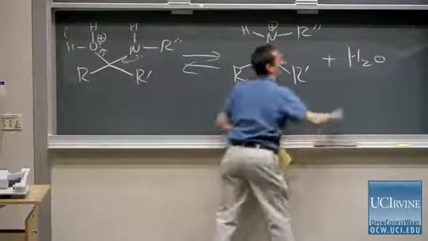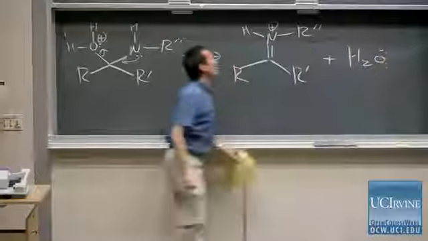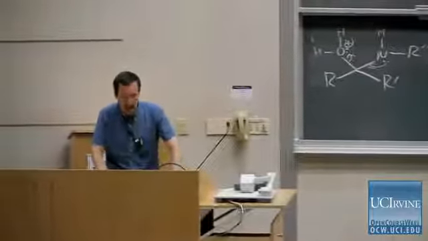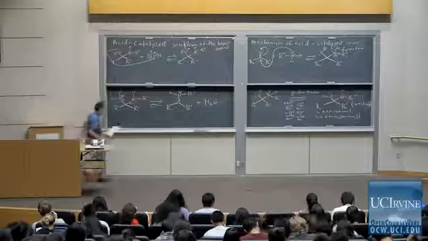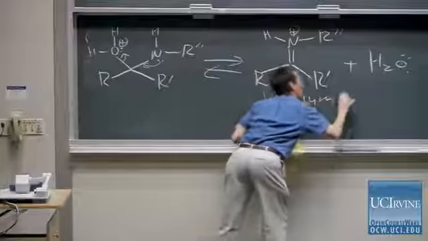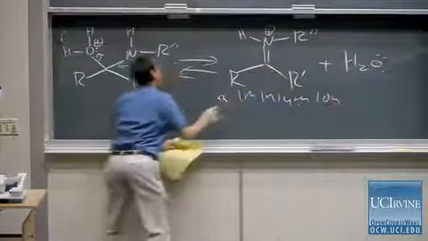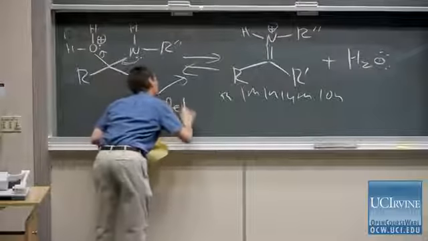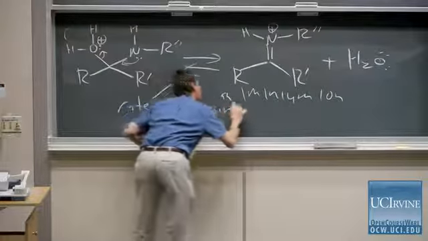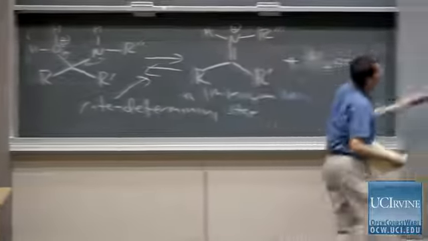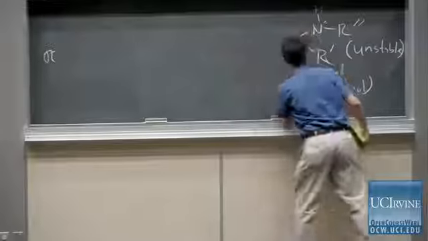All right, now we're ready to finish up our mechanism. In the final step of the mechanism, we now have our iminium ion. And as I said, this is the rate determining step. Now in the final step of this process, we're going to simply take a proton off.